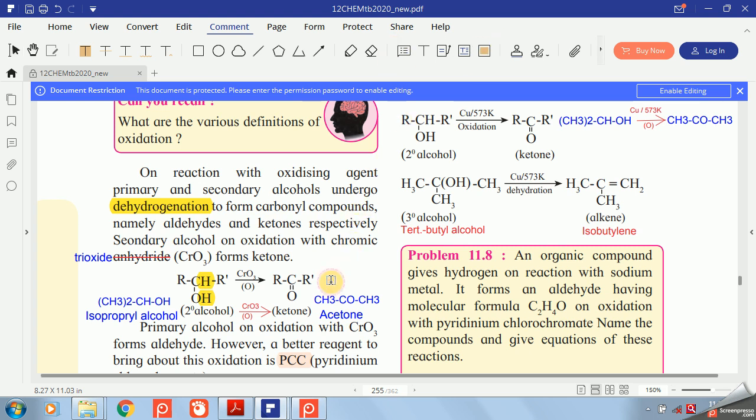So don't forget, reactions are not balanced in your book, but you have to balance these reactions while writing in your notes as well as in the exam.